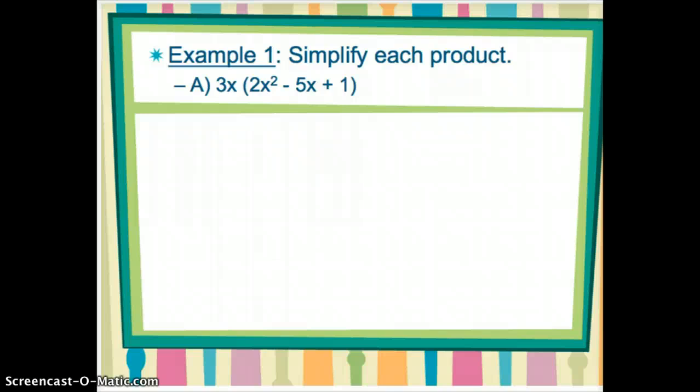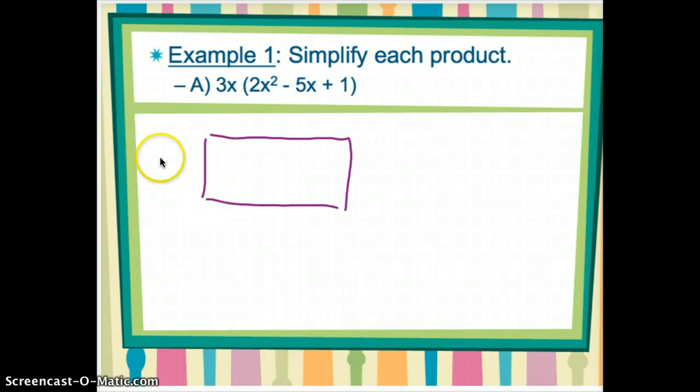Simplify each product. So here's the quantity 3x times this whole expression, 2x squared minus 5x plus 1. You can do it in 2 ways. You could make a rectangle diagram where we'd have 3x as one length, and then 2x squared minus 5x plus 1 as the other, breaking that up into parts.